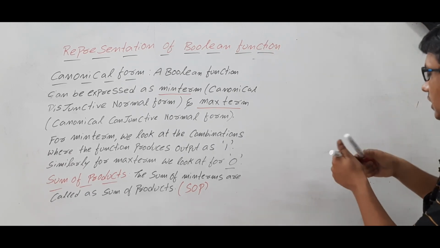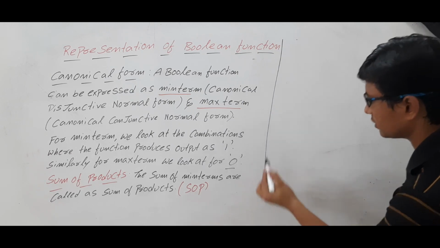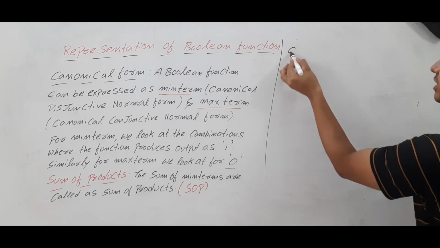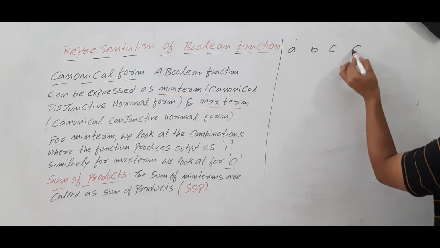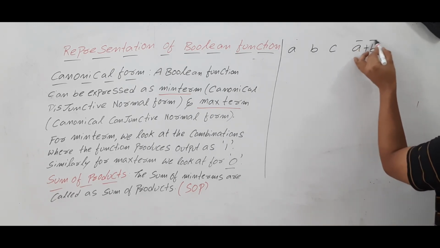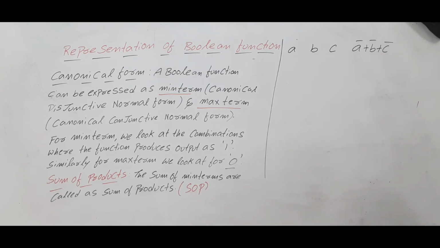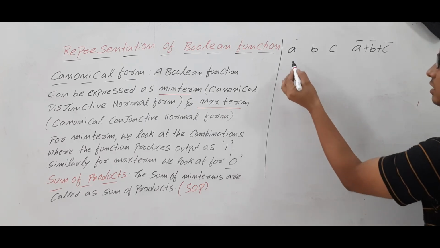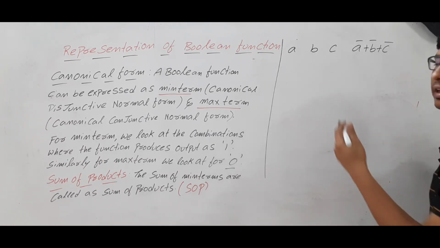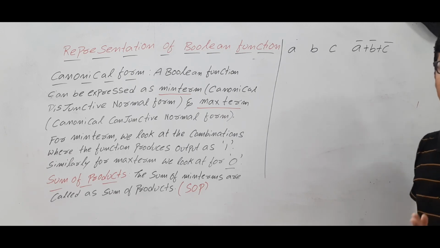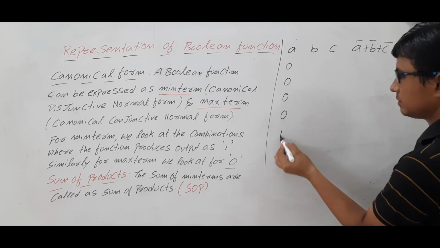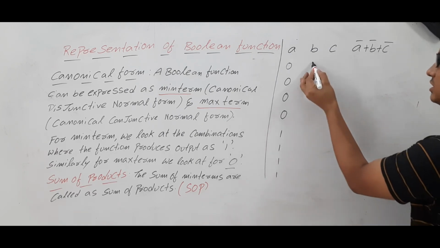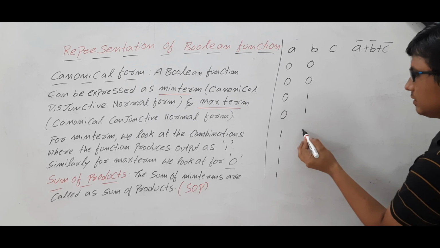Let me write here: A, B, C are the Boolean variables, and the Boolean function is A complement or B complement or C complement. What inputs can I give for A, B, C? 0 or 1, because they are Boolean variables. So I will get 8 combinations. Let me write all the 8 combinations for your better understanding.